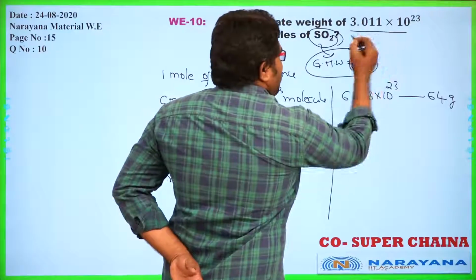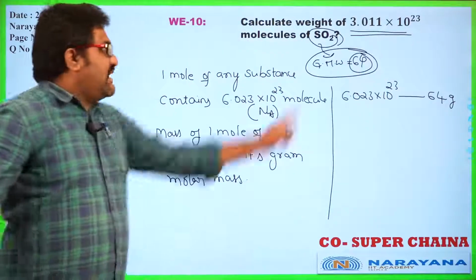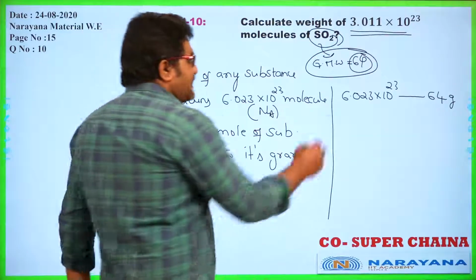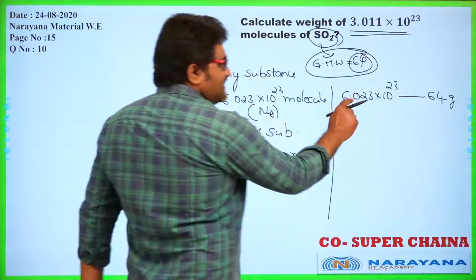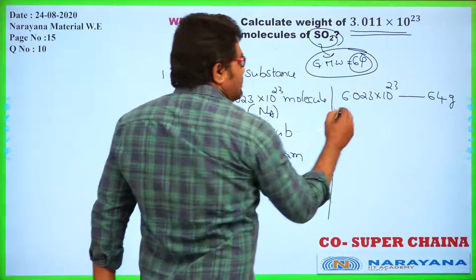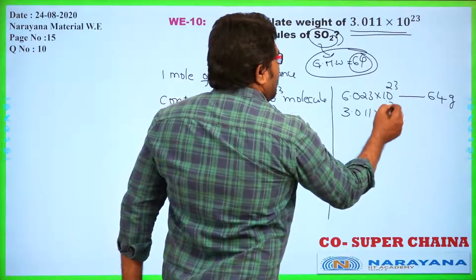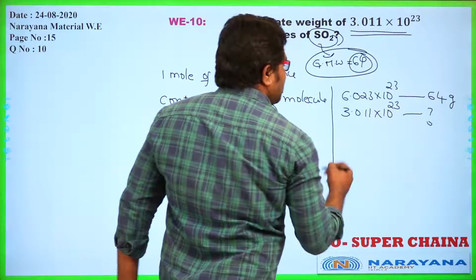Now here, how many molecules are there? 3.011 into 10 power 23 molecules. So if this number of molecules is equal to 64 grams, then what is the weight of this number of molecules?